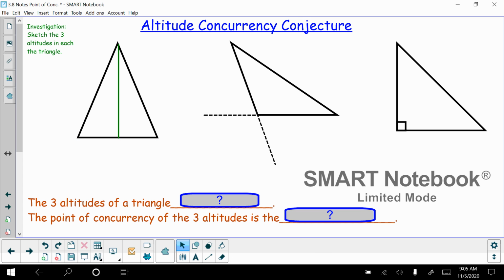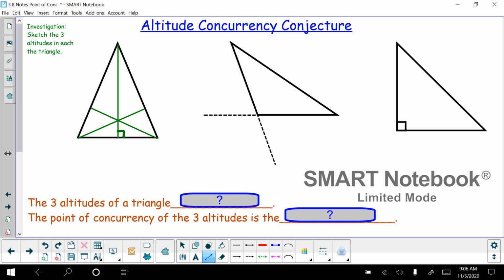a 90-degree angle, okay? And let's put a little 90-degree because that's what an altitude is. And then over here, we're going to go and just estimate. Remember, you want to make sure that it is 90. So that looks about like that. And this one over here, making sure that it's 90.